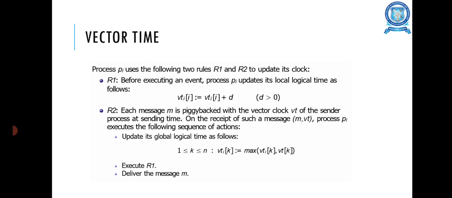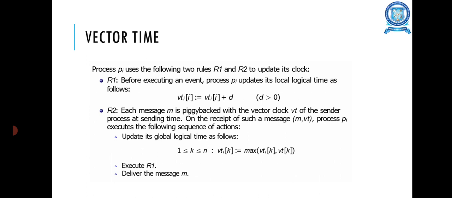Next, rule 2. Each message m is piggybacked with the vector clock Vt of the sender process at the time of sending. On the receipt of such a message (m, Vt), the process Pi executes the following sequence of actions. The first action is to update its global logical time as follows: for k between 1 and n, Vti[k] equals the maximum of Vti[k] and Vt[k].